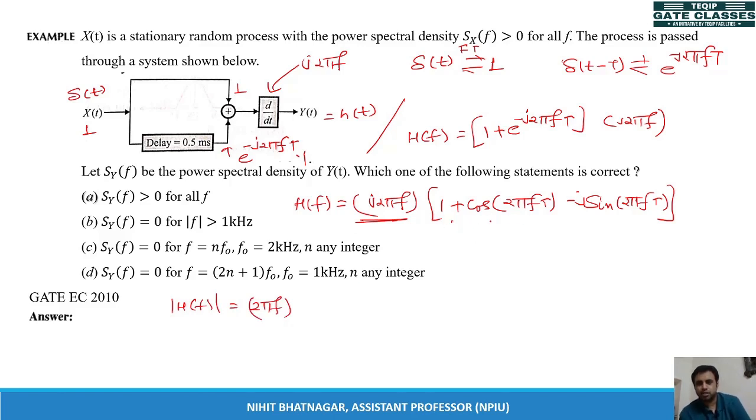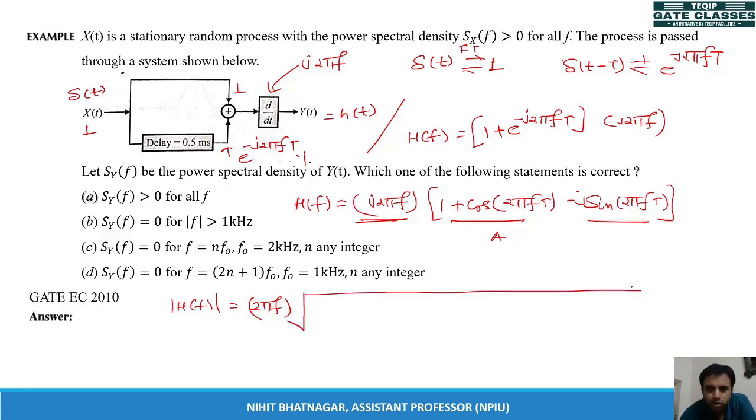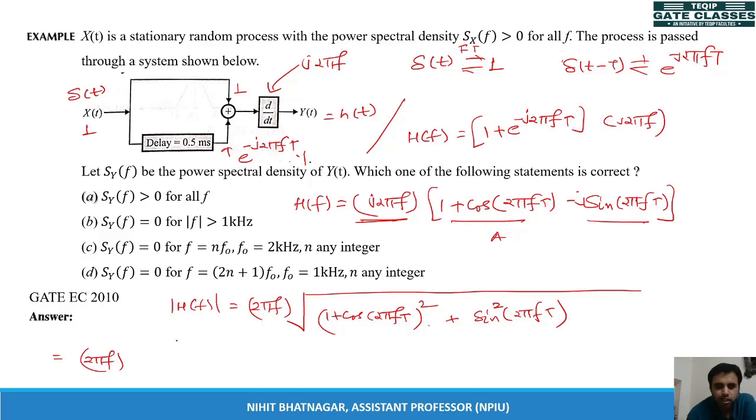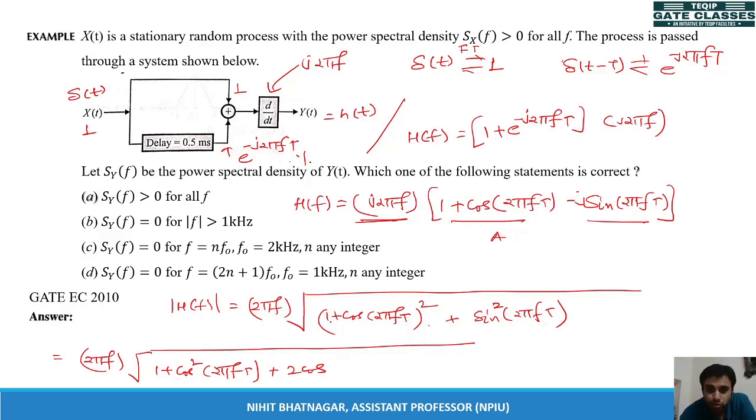Now this is of the form a minus jb, so it becomes root of a square plus b square, that is root of (1 plus cos(2 pi f T)) whole square plus sin square(2 pi f T). Now opening this expression, it becomes 2 pi f times root of 1 plus cos square(2 pi f T) plus 2 cos(2 pi f T) plus sin square(2 pi f T).